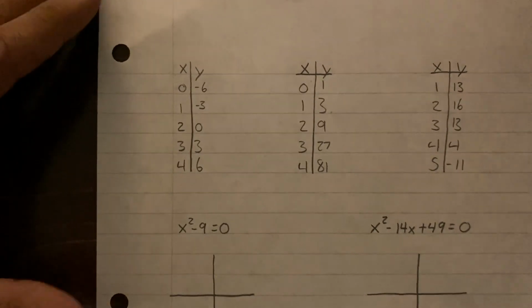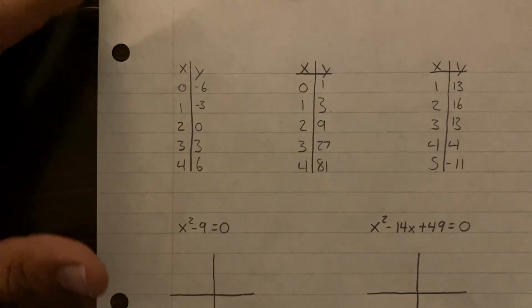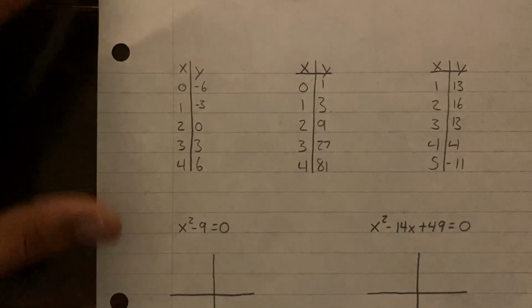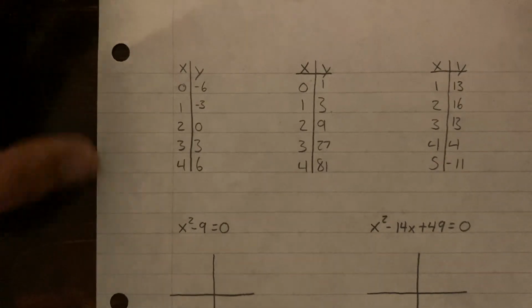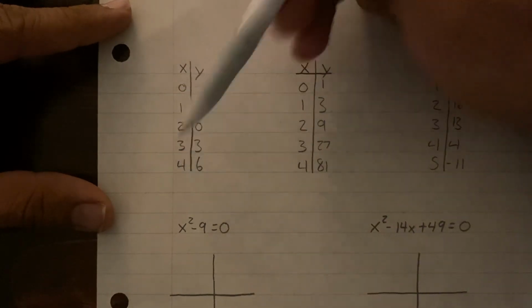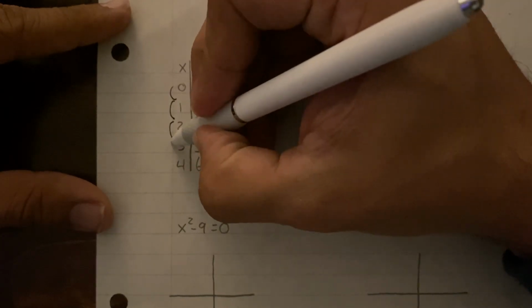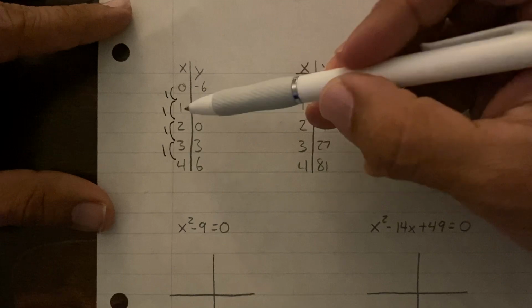All right, so let's figure out which one of these is linear, which one of these is exponential, and which one of these is quadratic. So the first thing you want to check is if the slope has changed. So this is consistently 1 every single time, okay? So it's 1, 1, 1, 1. So that is just a change.